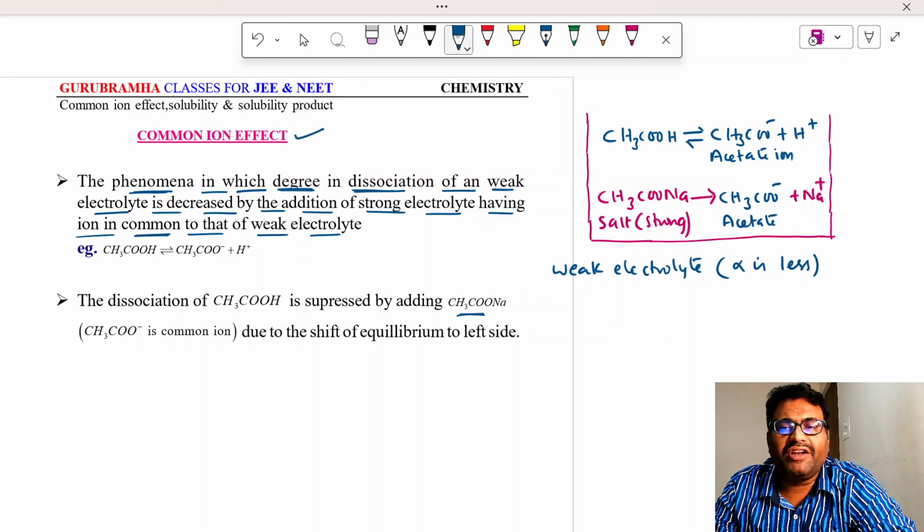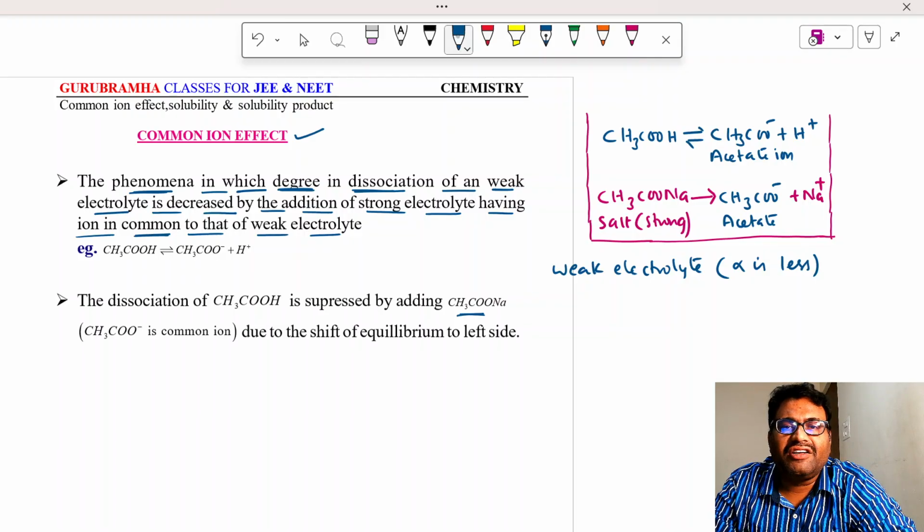Now, when you have added a strong electrolyte into the container already having a weak electrolyte, and the strong electrolyte dissociates to produce an ion which is common to that of the ion produced from the weak electrolyte, what is happening?